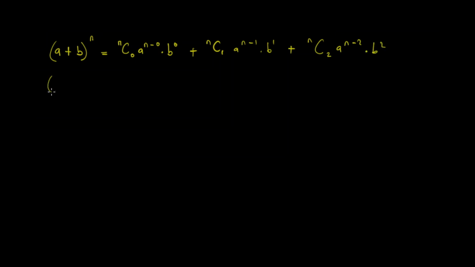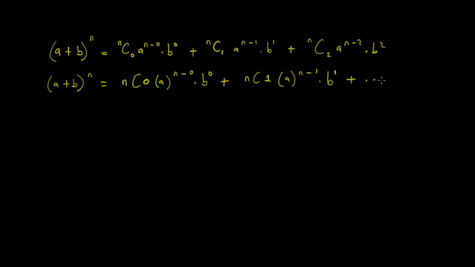Note also that some books write it like this: (a plus b) to the n is equal to n choose 0, a to the n minus 0 multiplying b to the 0, plus n choose 1, a to the n minus 1 multiplying b to the 1, and so forth.